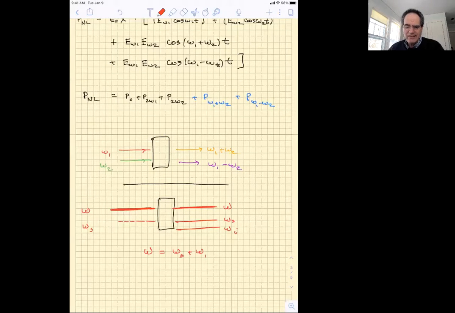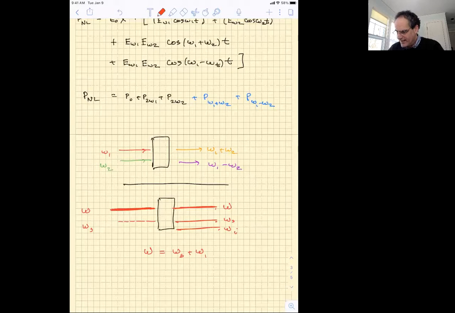I know this is a lot to take in at the moment, but the idler is produced by difference frequency mixing of the signal and the original beam. And the signal beam can be amplified because new radiation will be produced at the difference frequency between the original beam and the idler.